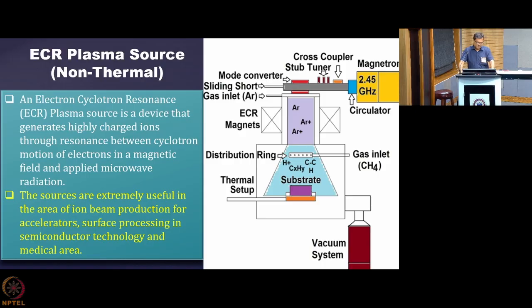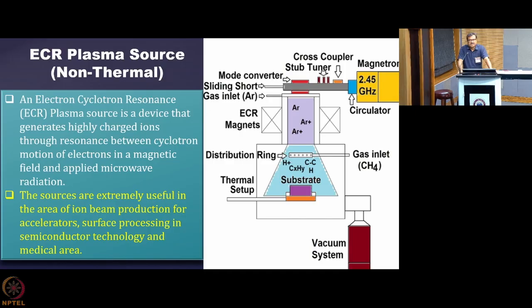What will be the radius of gyration? You know, R is equal to mv by Bq. m is the mass of the particle, v is the velocity, B is the magnetic field, and q is the charge. So, depending on your magnetic field and the charged particle, you will have some orbit, and v is basically determined by the kind of temperature that you are able to create there. So, they will be orbiting at some radius.